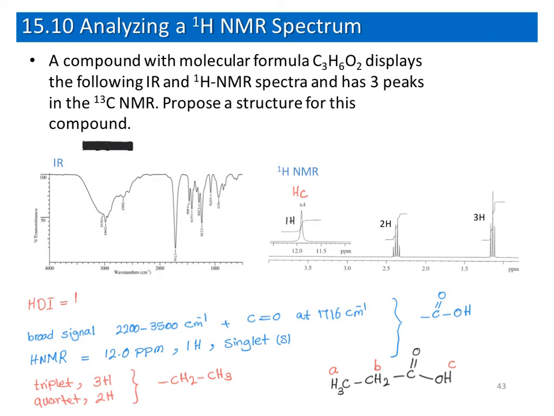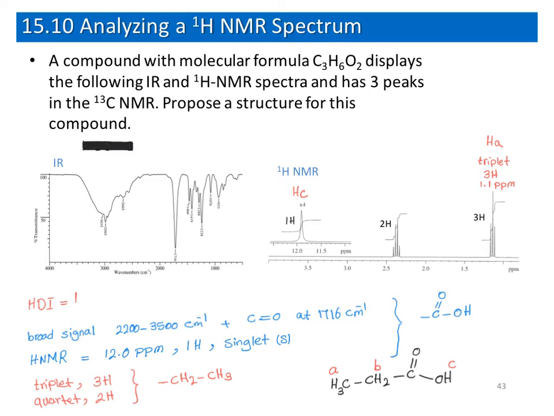Now all of this information can be written here. It's a triplet with integration of 3 at around 1.1 ppm. So that is actually hydrogen A.